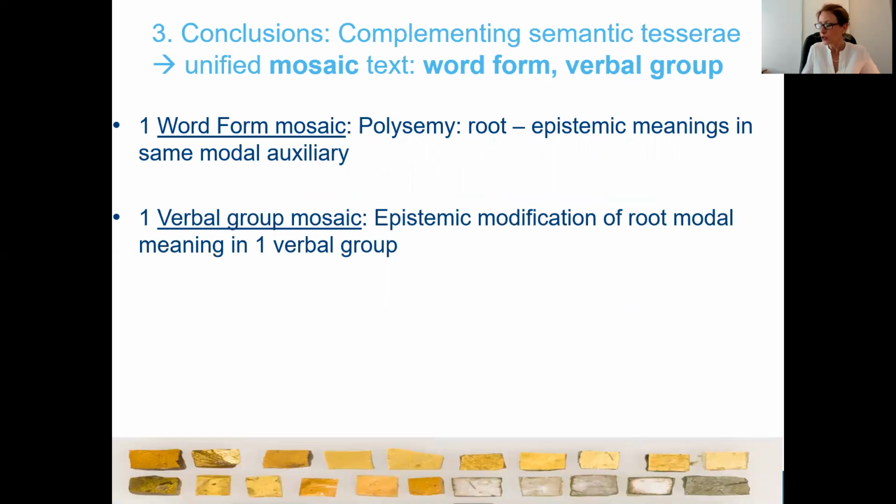So in terms of conclusions, to wrap up, I think there are different ways in which modal meanings form a mosaic text on the word form level, on the level of the verbal group, but also on the level of the text. In terms of word forms, we have the root-epistemic polysemy, which is expressed in one and the same modal auxiliary, in English at least. We also saw that epistemic modals may modify root modal meanings in one verbal group.